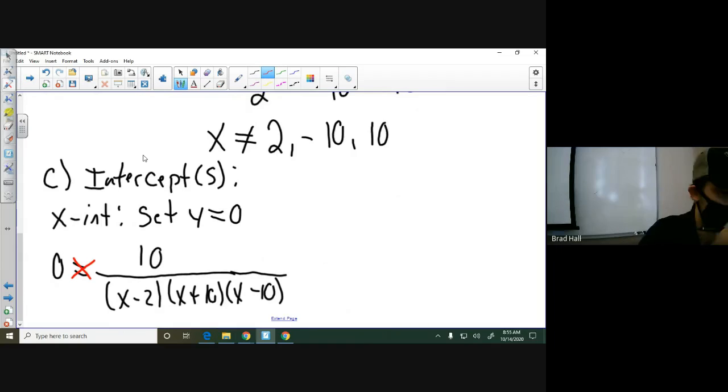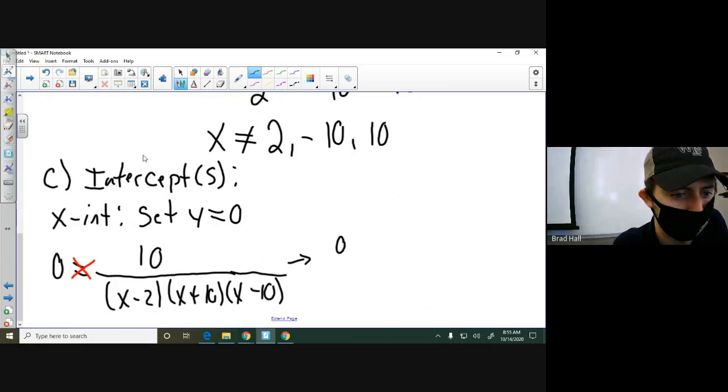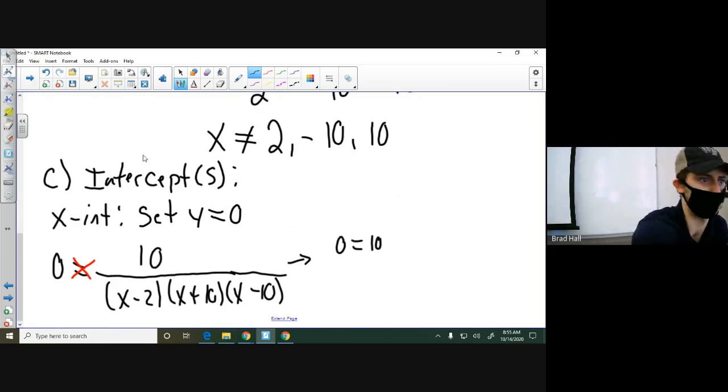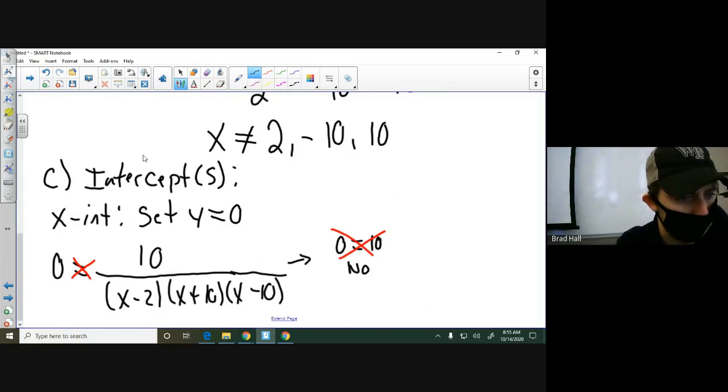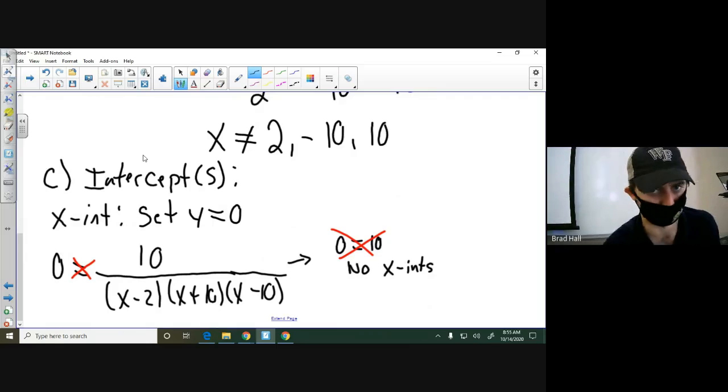So when we cross multiply, what we end up obtaining is 0 times that whole denominator, which is just 0. Really, we just get 0 is equal to 10 after we cross multiply, which doesn't make any sense. So thankfully, we get no x-intercepts, which is actually going to simplify this problem pretty nicely, as we'll see later on.